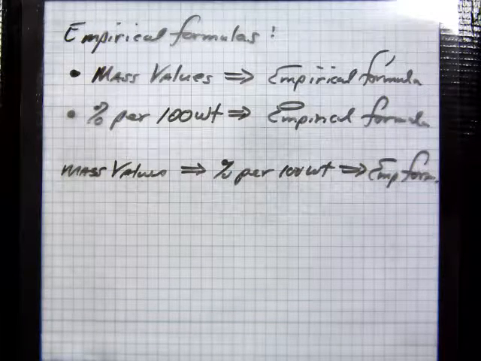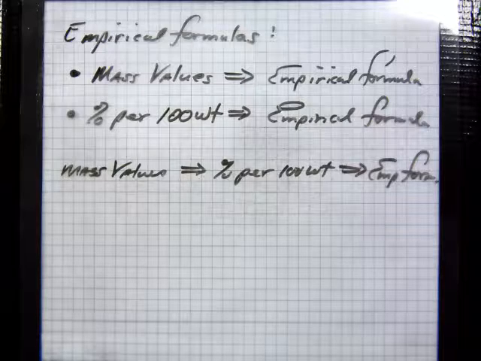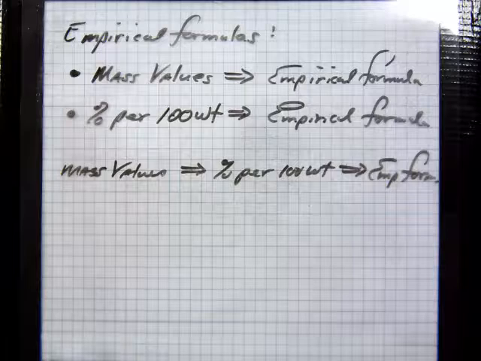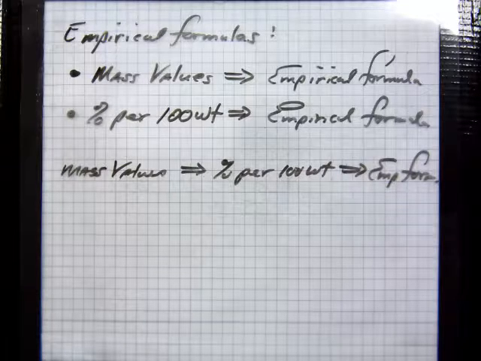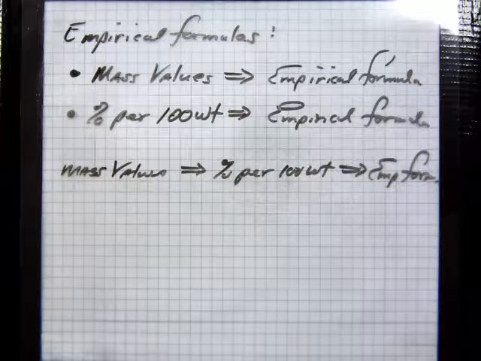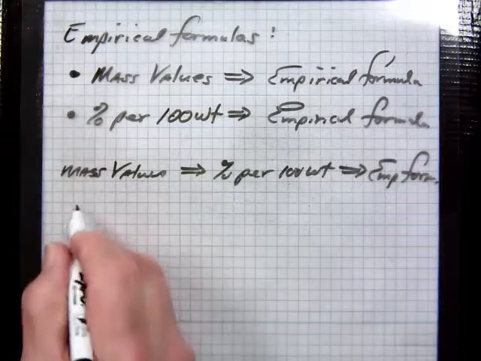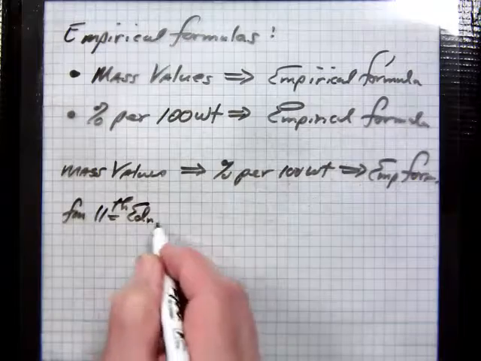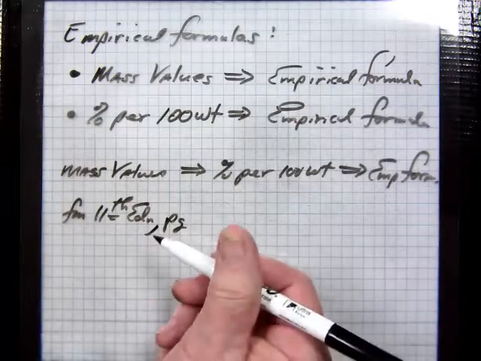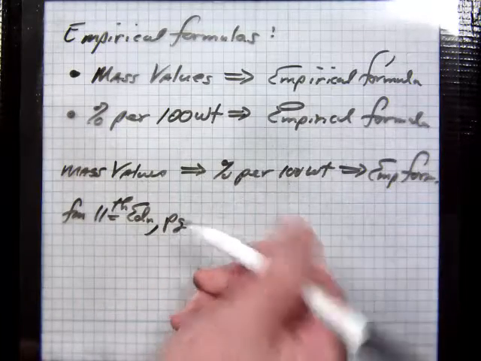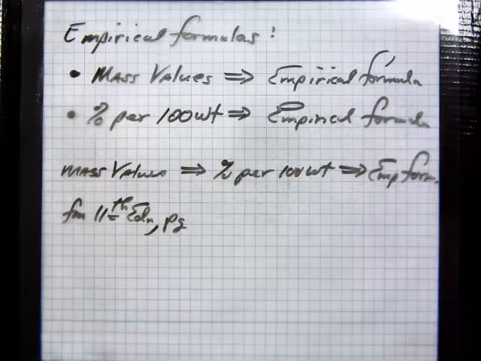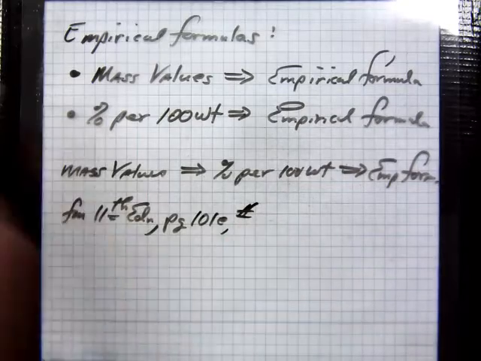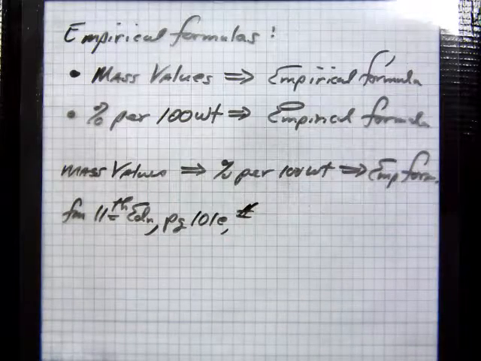Okay? So here are a couple of problems that are right out of the textbook, but they're very classic in their character. One comes from the 11th edition, page 101, and it is number 365.